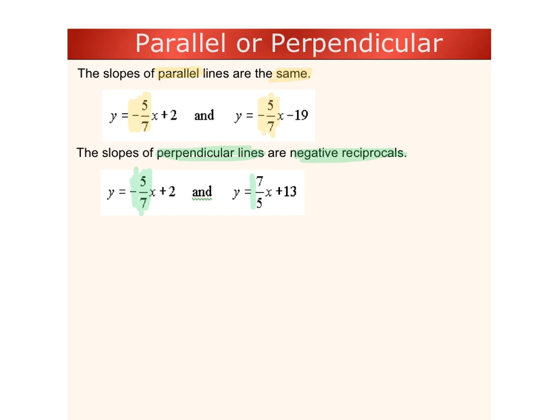That would make the negative reciprocal slope be positive, and then we just take the reciprocal of the fraction, or flip the fraction over, and it becomes 7/5. So the fraction gets flipped over, and the sign gets changed.